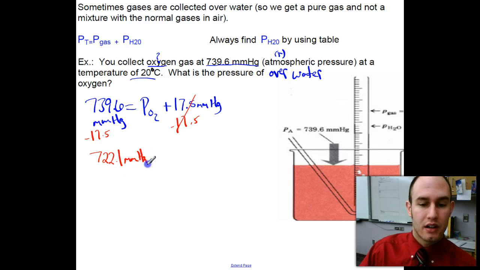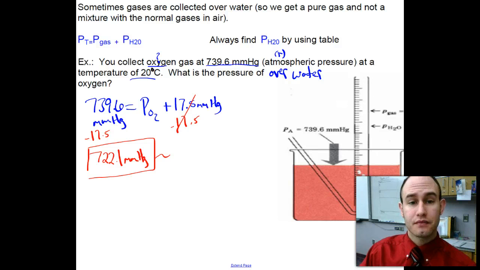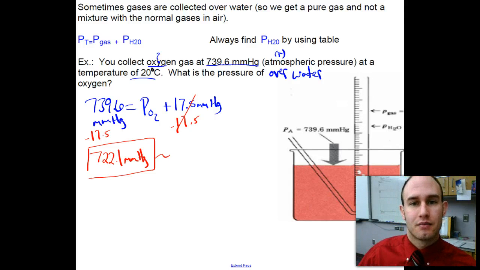And to be correct in our sig figs, we are subtracting with 1 decimal place, so I need to leave 1 decimal place in my answer. So that is my correct answer for collecting a gas over water. You have to account for the water vapor. Short and sweet video here. Easy equations to use. Make sure you get them written down.